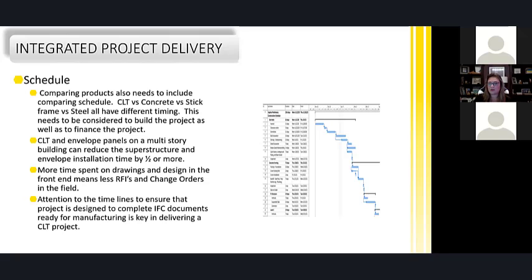The other thing we talk about when considering our hybrid options between CLT, concrete, and stick framing is that every one of those can have variations of hybrid options. Specifically the CLT ones, we usually marry up our CLT panels to concrete or to steel columns.